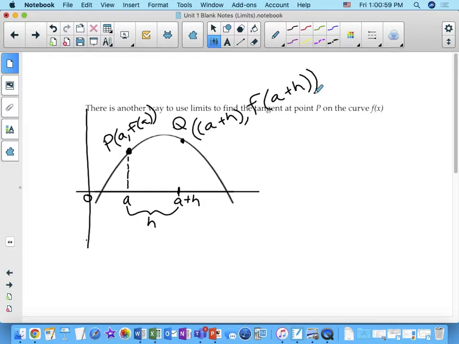Yeah? Okay. So again, slope is equal to y2 minus y1 over x2 minus x1. So if I'm looking at the slope of PQ, I'm not going to write a PQ in here because I know eventually it's going to be the tangent line. I don't want to have to erase again. I'm going to leave a gap here. I would have y2 minus y1, which is f of a plus h minus f of a, because this is my y2 and this is my y1.